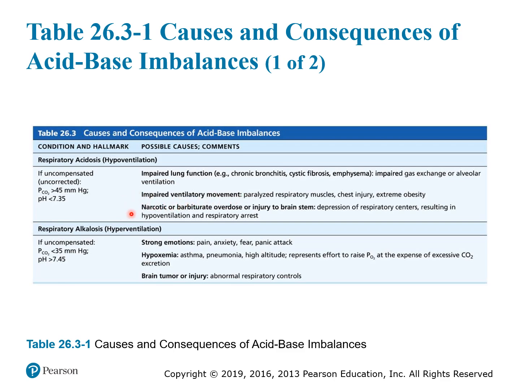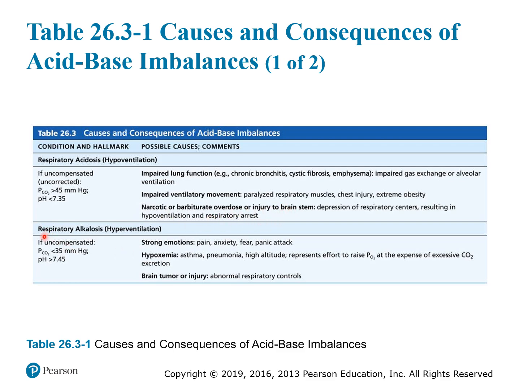And then there can be narcotics or barbiturate overdose, because these substances cause depression of the respiratory centers, and they result in hypoventilation and the carbon dioxide is retained. Similarly, if there is injury to the brain stem, it can also lead to hypoventilation and acidosis.